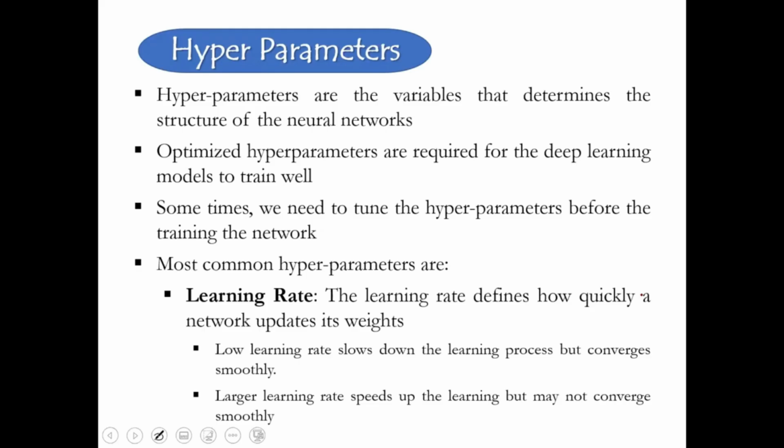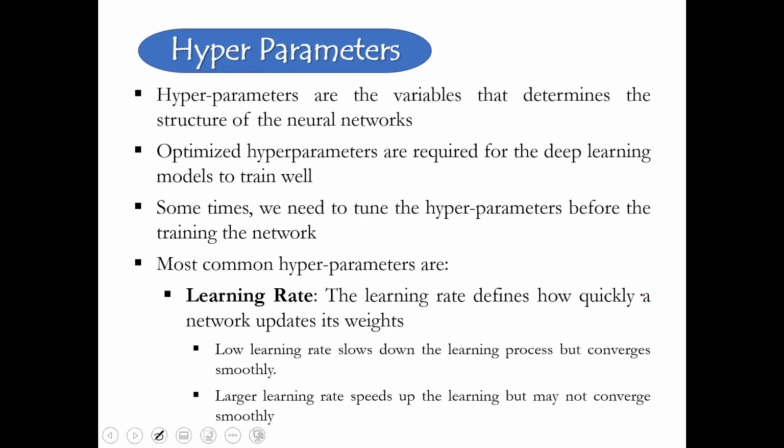So in CNN or ANN, we are having iterations of training, different iterations or different epochs. We say that the model is trained in different epochs, different iterations.